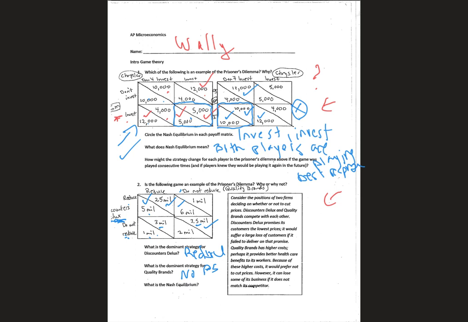Where is the Nash equilibrium? Well, I can look for the cell that has two lines, right, where both payoffs were the best response. Simultaneously, each player is picking the same cell as a kind of best response. In this case, reduce would be the Nash equilibrium. Is this a prisoner's dilemma? Okay, it is not.